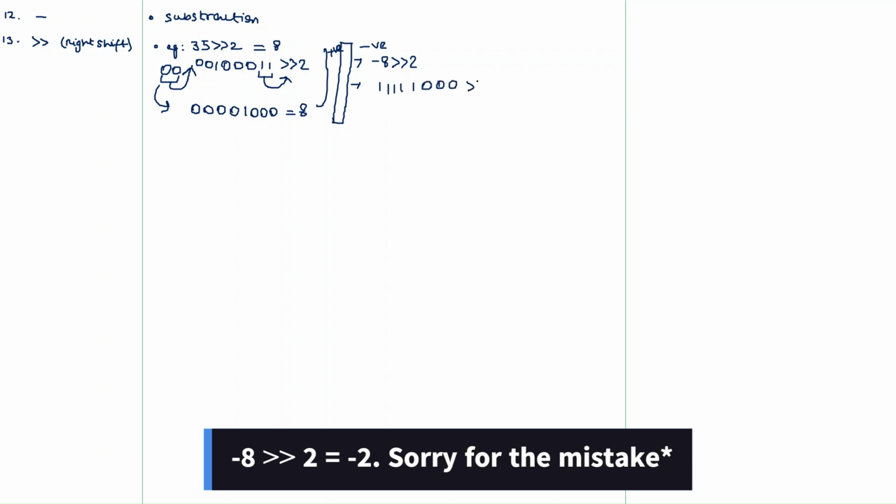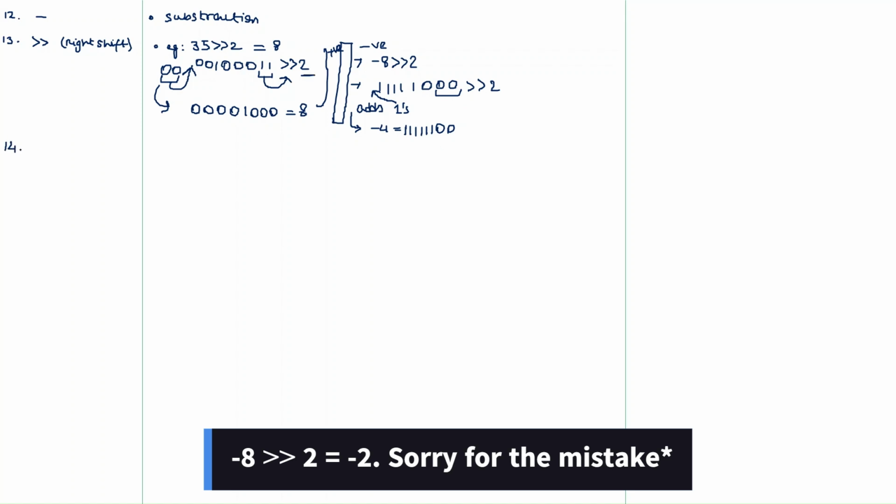When right shifting it 2 times, it adds two extra ones here, and these zeros get removed. So basically the output of minus 8 right shifted by 2 times gives you a value of negative 2, whose binary value is 1, 1, 1, 1, 1, 1, 1, 0. So you can see that the zeros are removed from here.